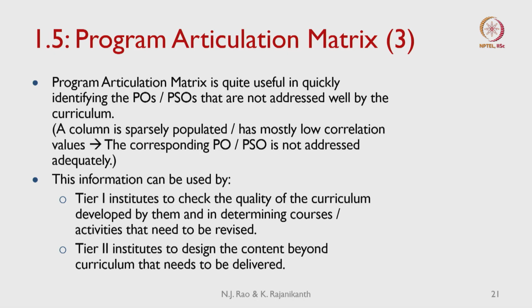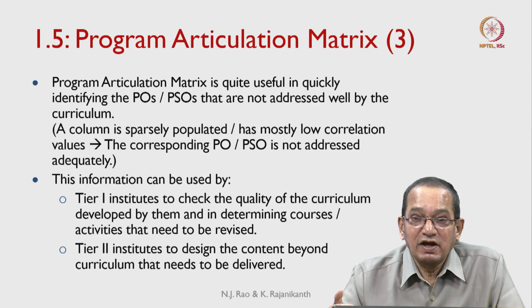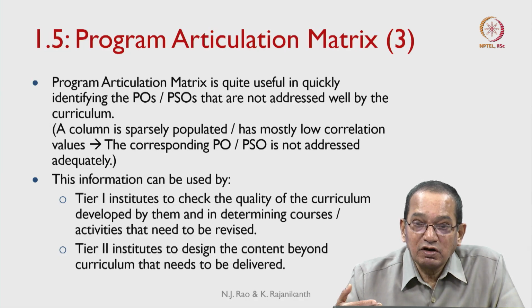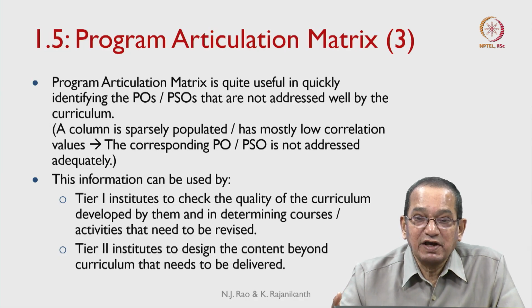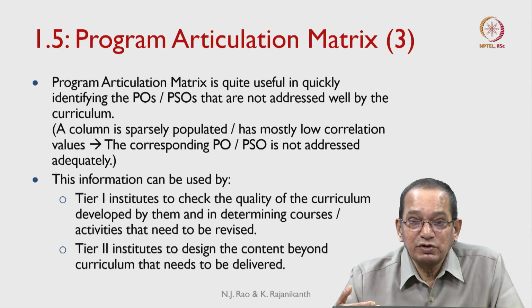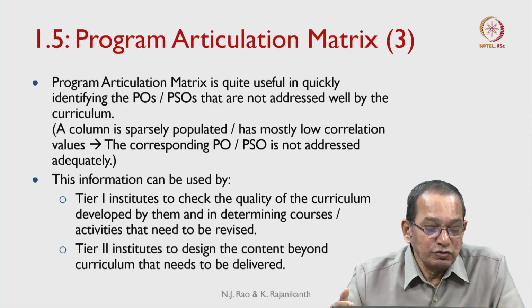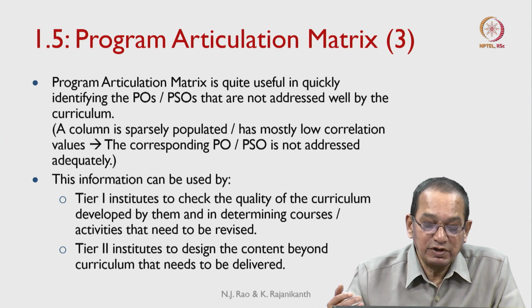So, if it is a tier 2 institute, it must have some activities planned, some additional content delivered to bridge that gap, and if it is a tier 1 institute, it must revise the curriculum appropriately in order to address that particular weakly addressed PO. Okay. So, this information can be used by tier 1 institutes to check the quality of the curriculum, and by tier 2 institutes to design the content beyond the curriculum that needs to be developed.